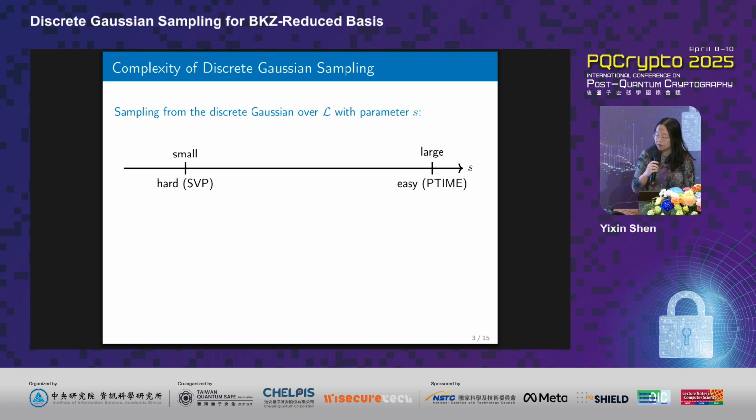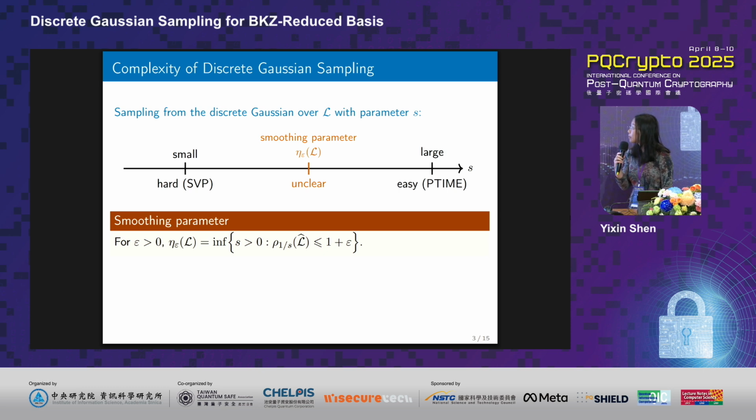And when s is very small, it becomes much more difficult because intuitively, in this case, the probability distribution will be concentrated on the 0 vector and also on the shortest vector. So basically, this will help us to solve the shortest vector problem, which is a very difficult problem in lattice-based cryptography.